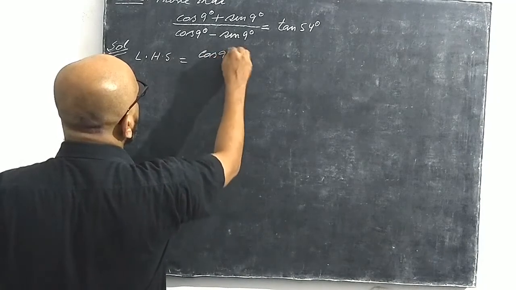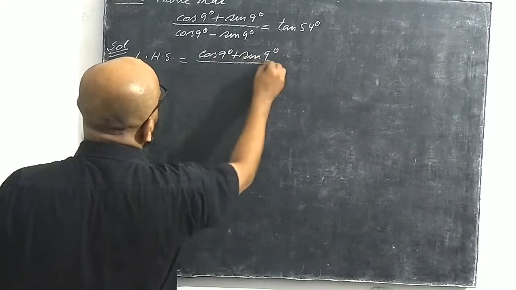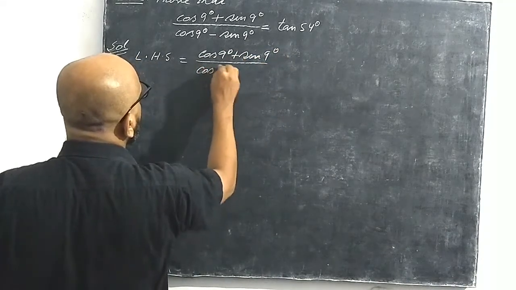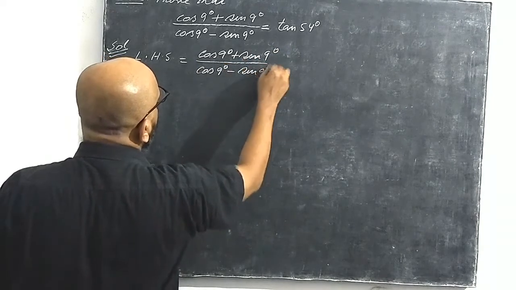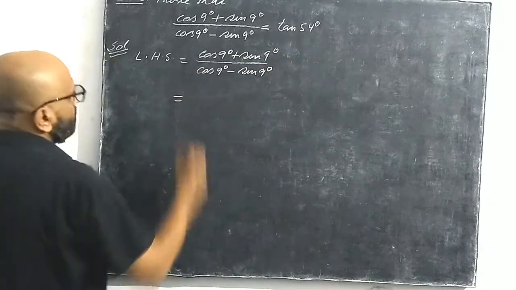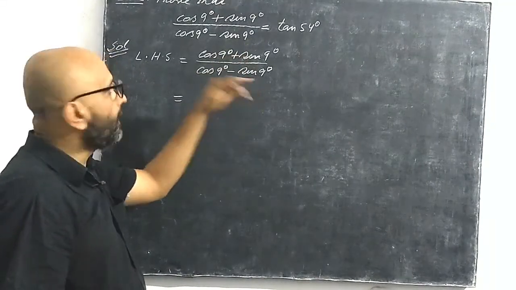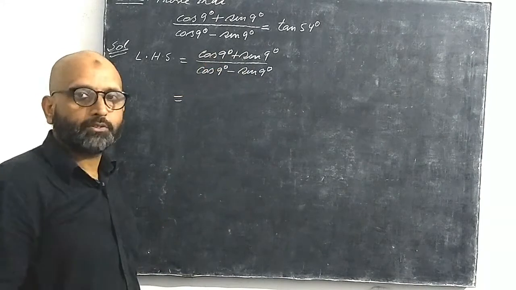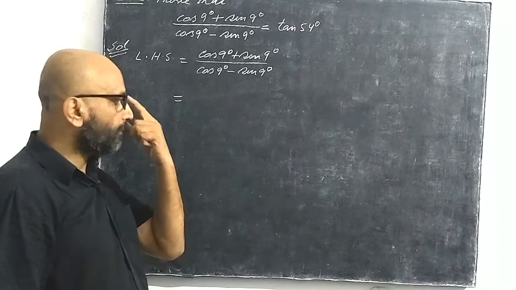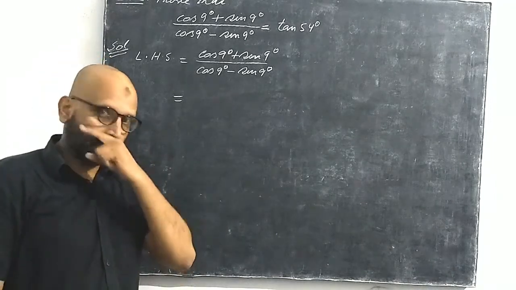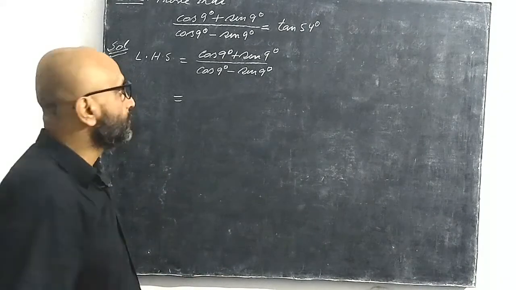Cos 9 degree plus sin 9 degree divided by cos 9 degree minus sin 9 degree. Here we divide numerator and denominator by cos 9 degree, because this is a rule that any fraction may be multiplied or divided with the same number or same expression.